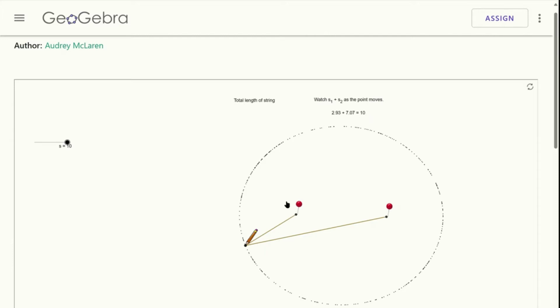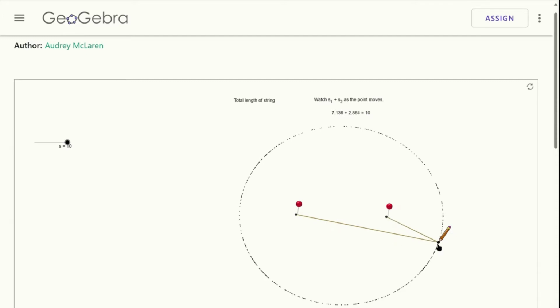Here we've fixed it at 10. So notice these two distances can change as long as their sum remains constant. Keep your eyes on this interactive here, what's going on.